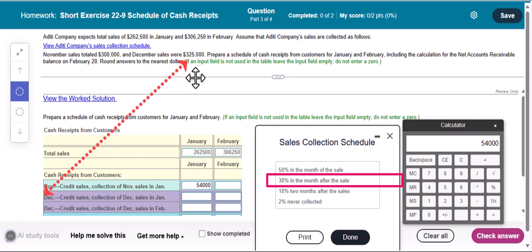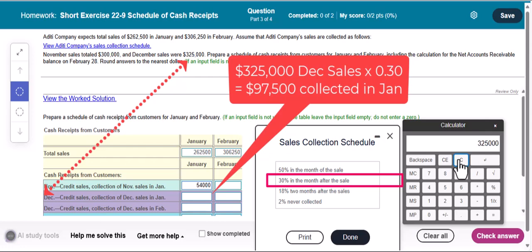So we take the 325,000 and multiply that by 30% since we are receiving a month after the sale, and that gives us 97,500. So make sure we input that here under January for the December credit sales.